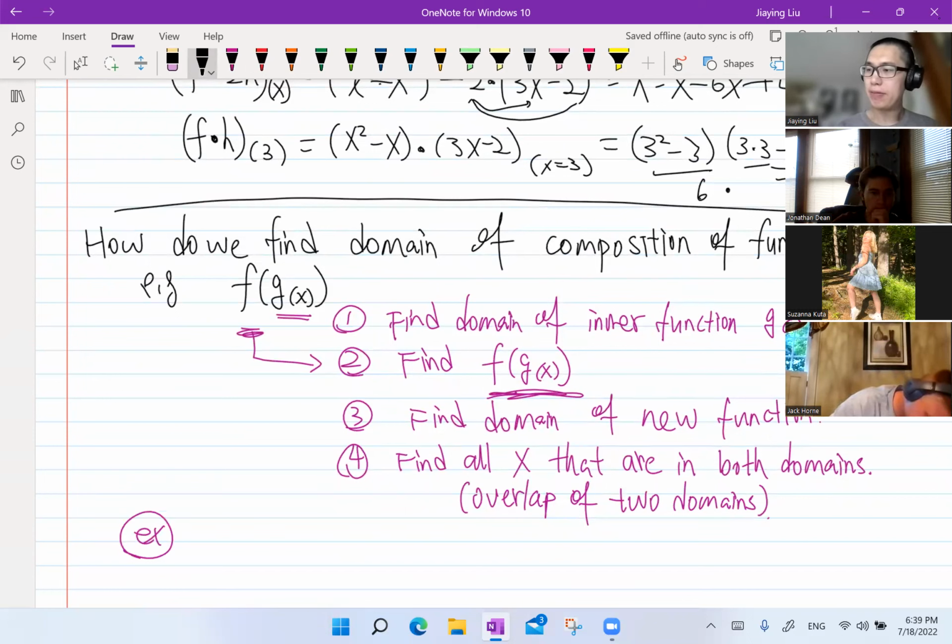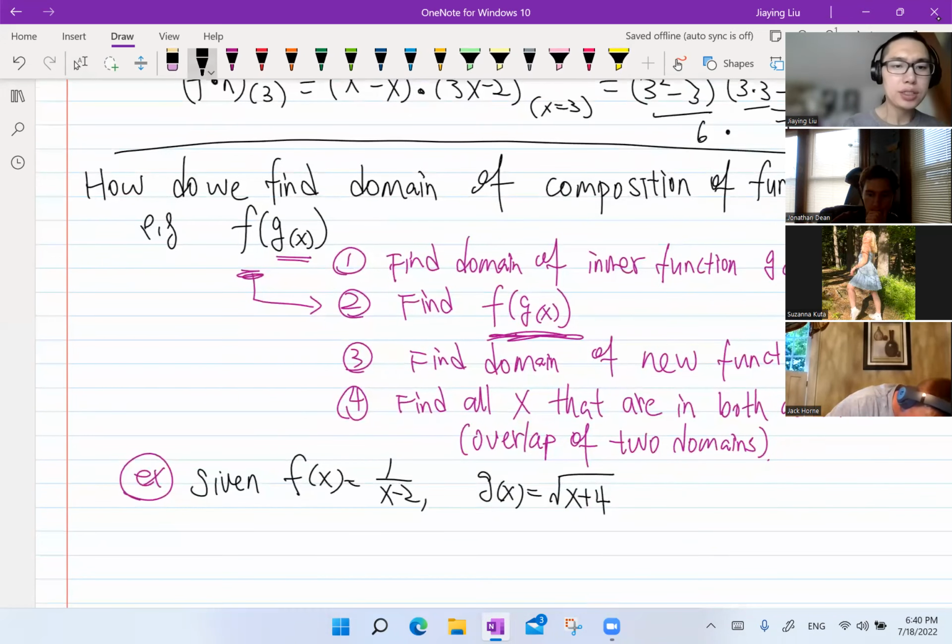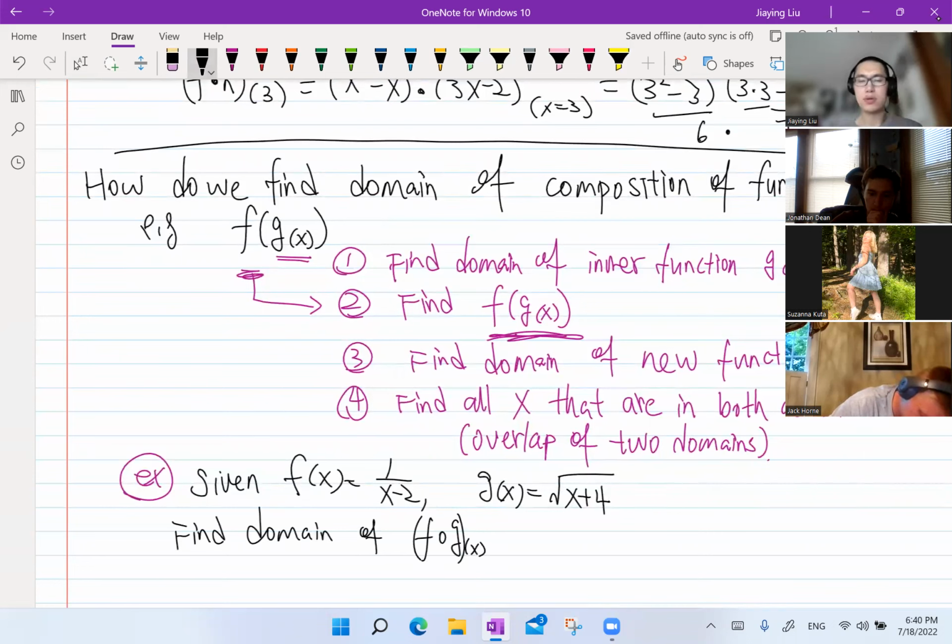Let's see, given f of x equals 1 over x minus 2, g of x equals square root of x plus 4. We're going to find the domain of f of g of x. So that's what we need.